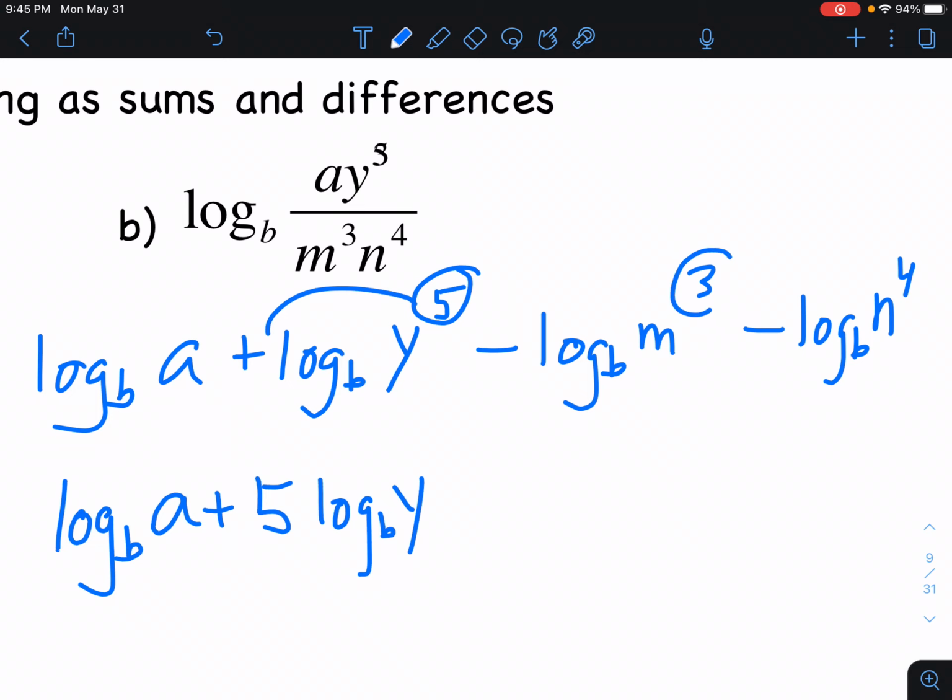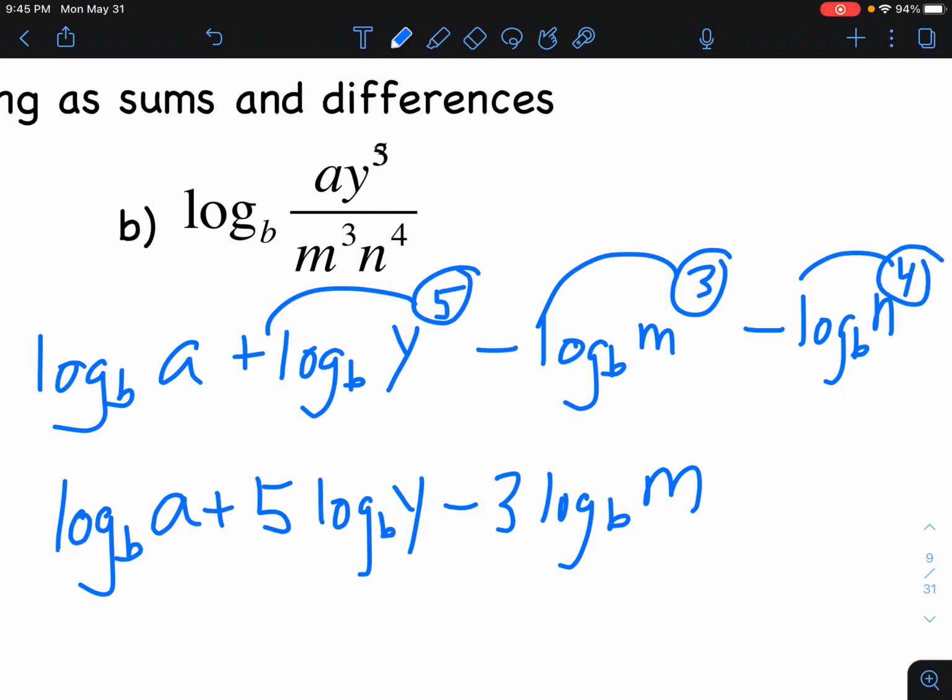And then the third one, same thing here. 3 moves out in front, so minus 3 times the log base b of m. And in the fourth one, the 4 comes out in front as well, so minus 4 times the log base b of n. And that's all we can do there. There are no other properties to use.